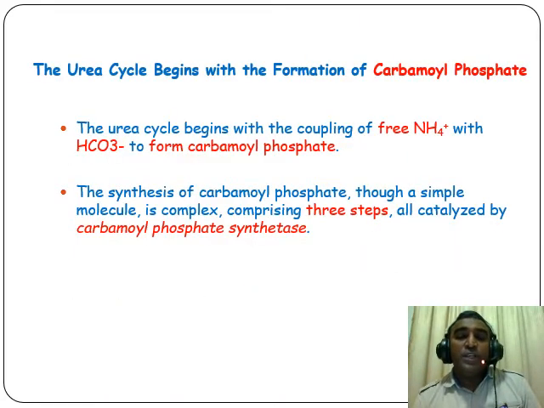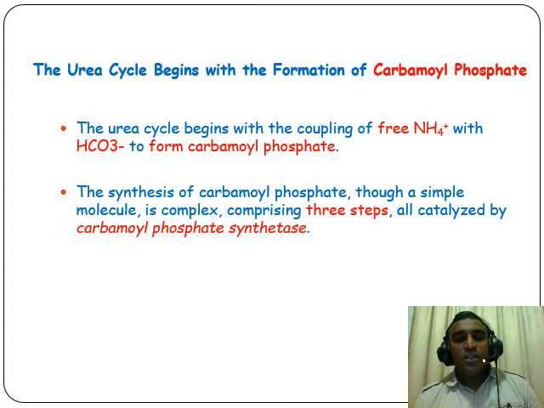So, a little bit of the biochemistry related to the urea cycle itself. The first three steps are in making this intermediate referred to as carbonyl phosphate, and all this happens in the mitochondria of the liver, where the free ammonia will be reacting with the bicarbonate to form carbonyl phosphate with the assistance of ATP.